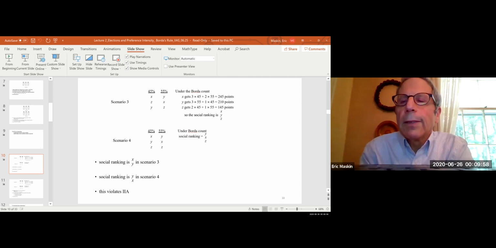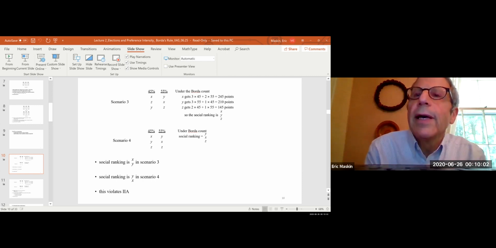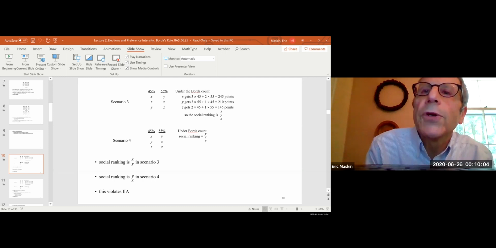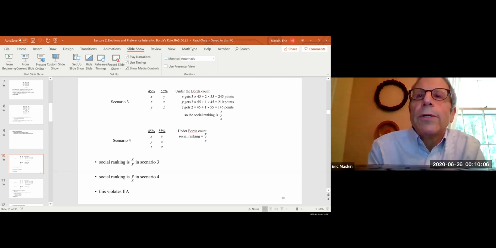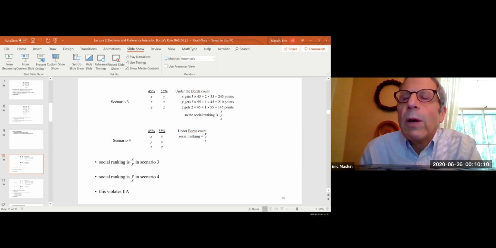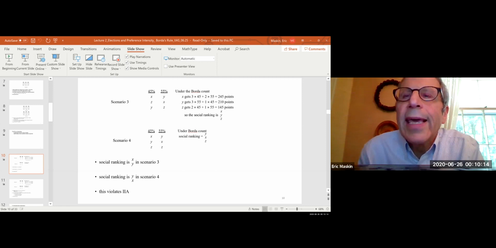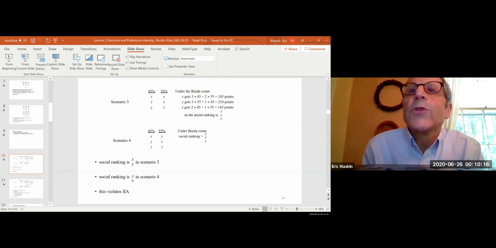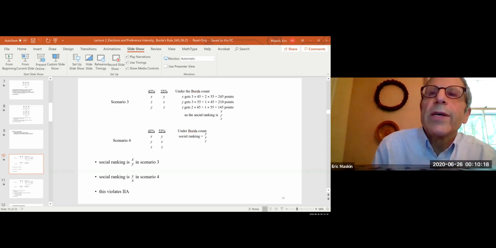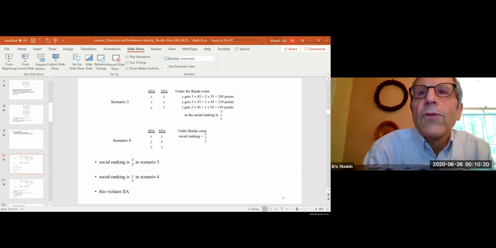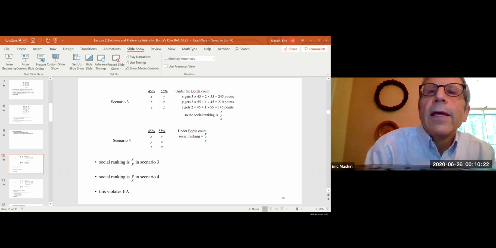And so what we can do is to look at an empirical answer. There are places in the world where countries have been using ranking voting methods for many years now. Australia is an example.